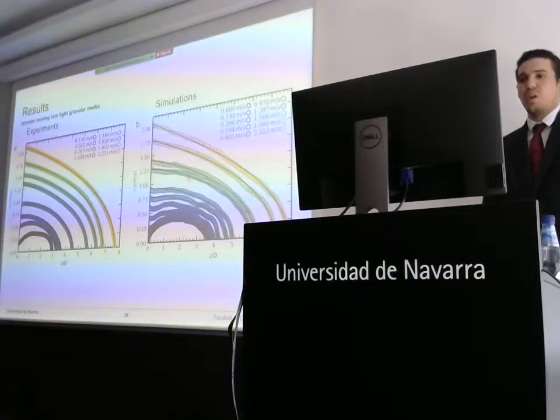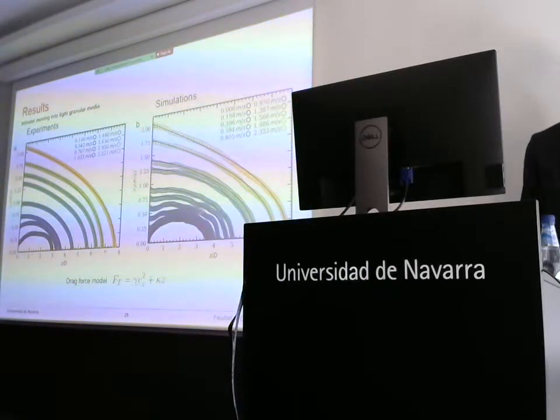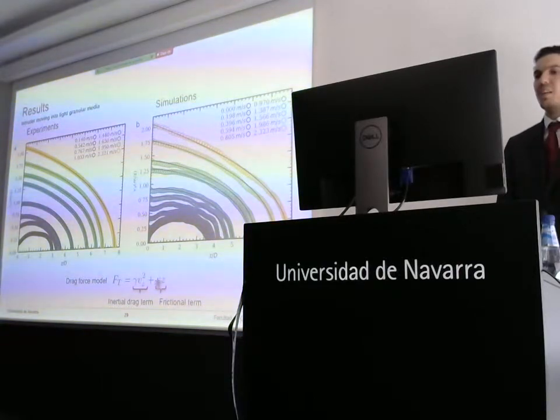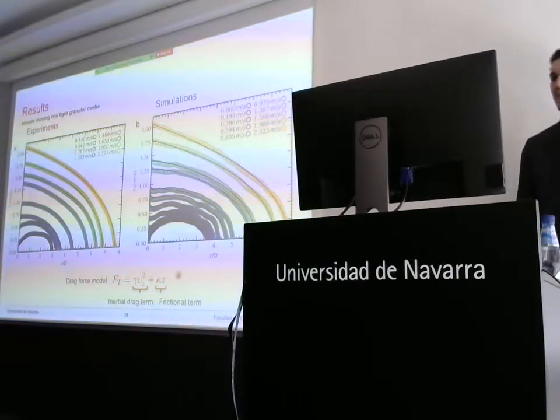And in this plot, we have also included the curves from applying this phenomenological model that characterizes the forces on the intruder as it penetrates the medium. Here we have a first term that is the inertial term, and a second term that is the frictional term, and it characterizes how the intruder feels more force as it penetrates the medium.